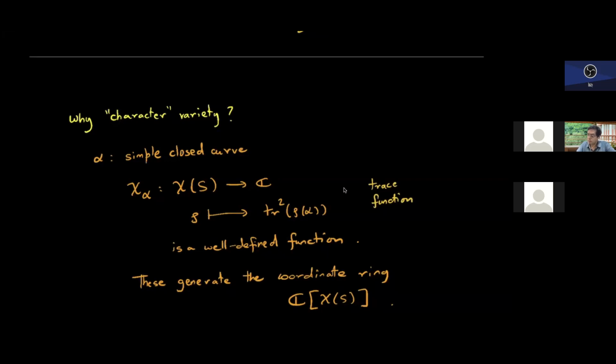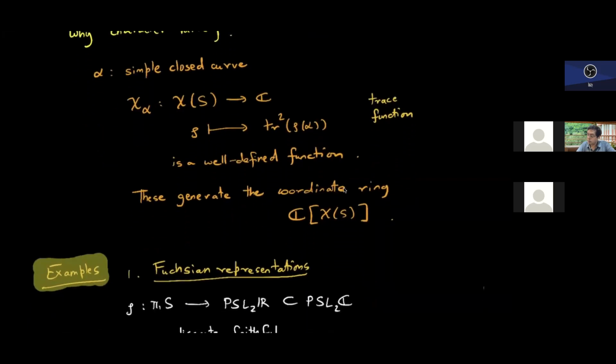You can look at the trace of rho of, well, this is how the function is defined. I've taken trace squared here because we're looking at PSL2C and not SL2C, and I'll mention why in a minute. Anyway, so once you know these trace squared functions, you can actually know the representation. These functions would also show up later in the talk.